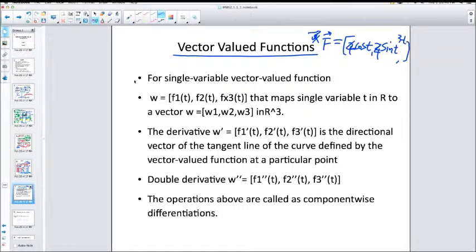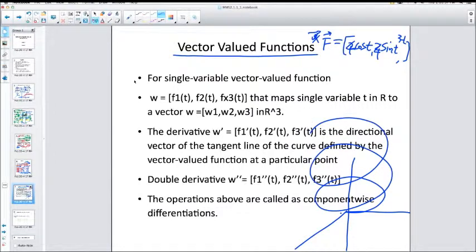What I get is a curve in the space like this. We call it a helix. And that trajectory of the helix is represented as a vector valued function with 3 components.